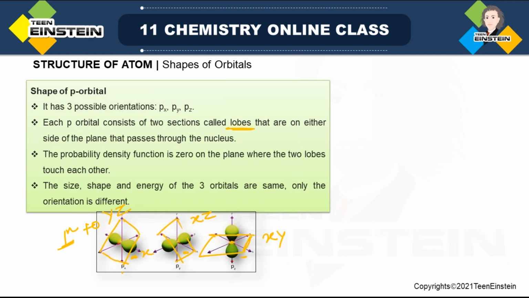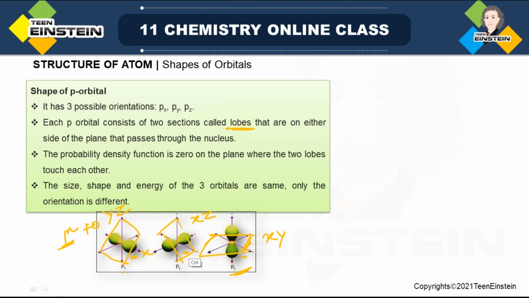The probability density function is 0 on the plane where the two lobes are touching each other. Just consider the last one. This is the plane where they are touching each other, right? Let me draw it like this.